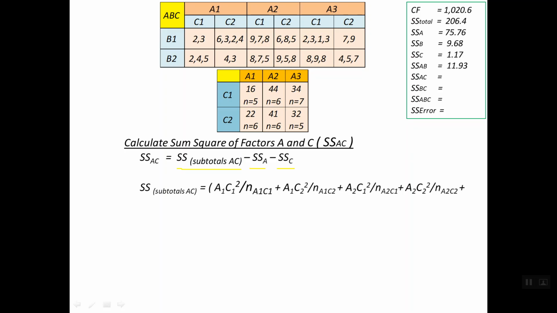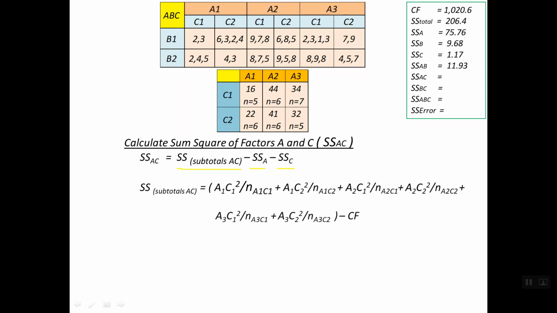How to get the value of the SS for the subtotals? The same technique as we have done before. We need to calculate the interactions between the levels of A and levels of C. So we have 3 levels for A and 2 levels for C, so we have 6 combinations.